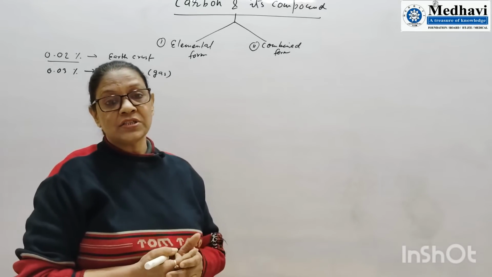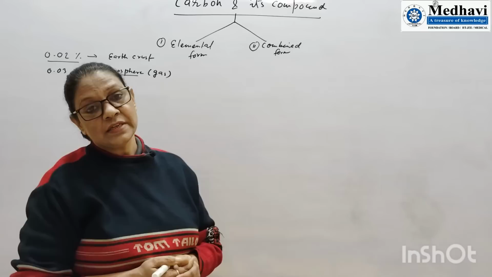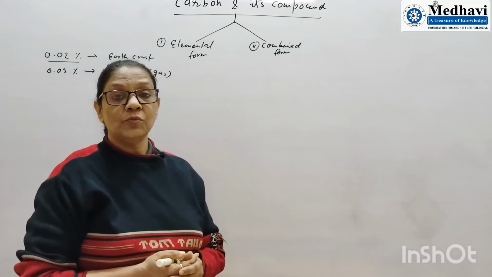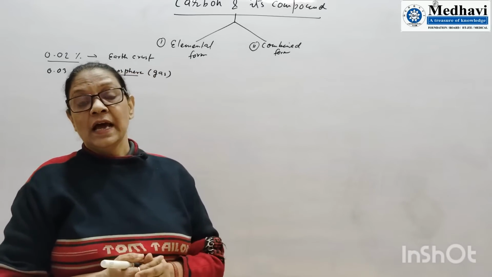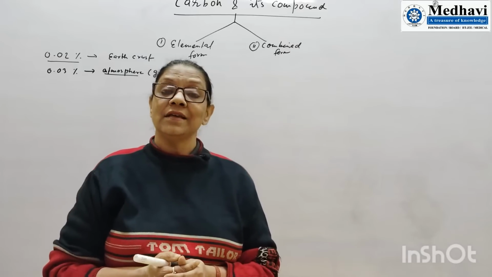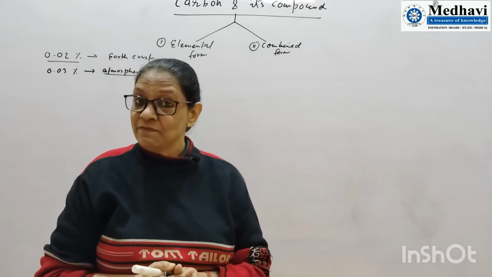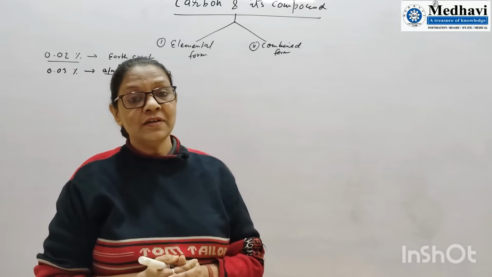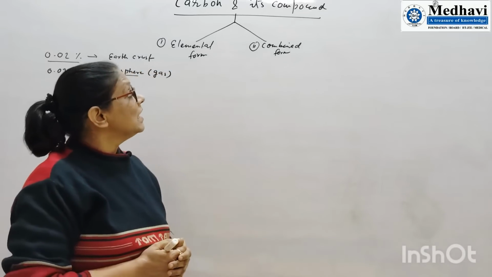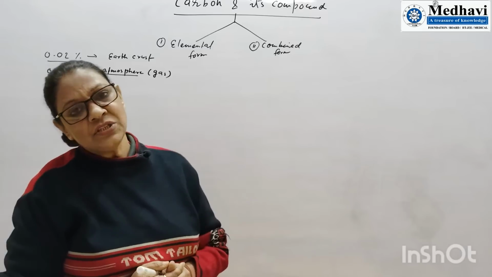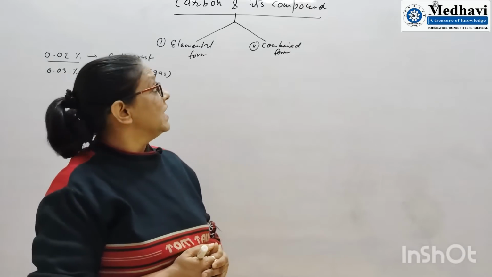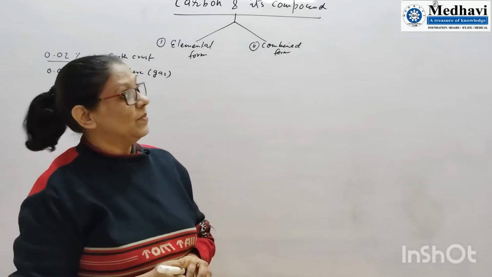We study oxygen, nitrogen, phosphorus, that is group 1, group 2, group 13, 14 as a common part, as S block, P block, D block, F block, but we never study a single element as a branch of chemistry, and that is called organic chemistry.